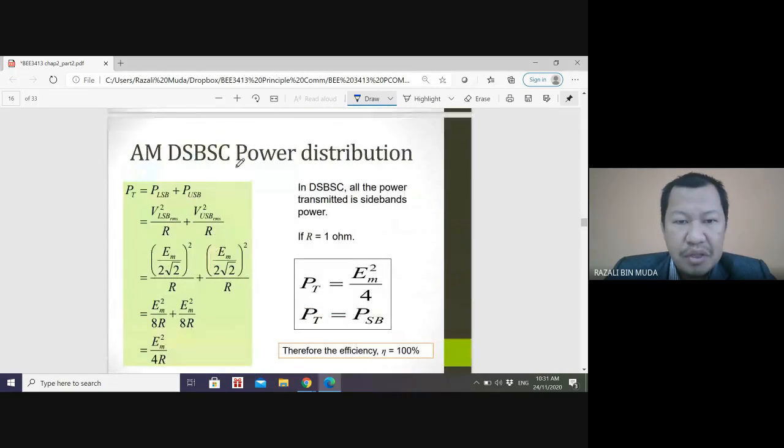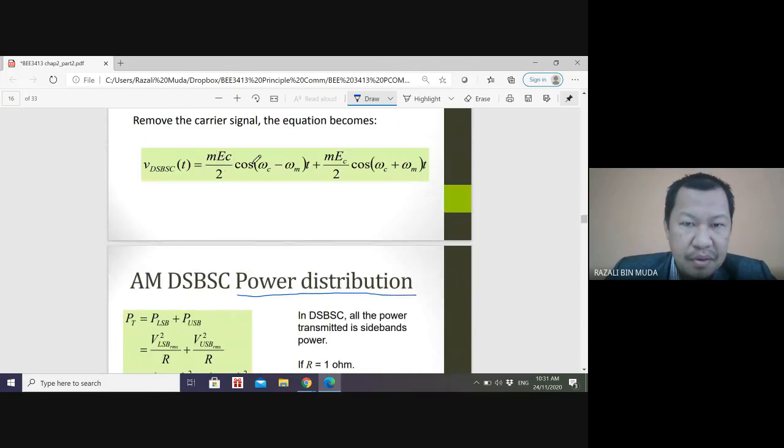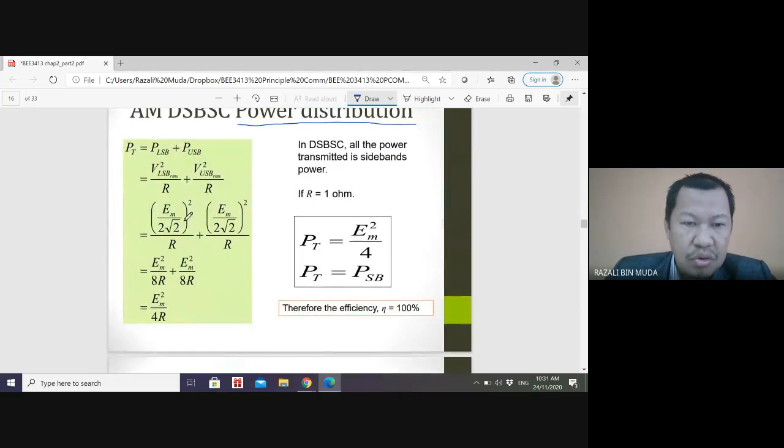So let's see the power distribution. P total equals P lower sideband plus P upper sideband. There is no carrier, the carrier is already removed. Solving this equation, what is this? Basically this is the RMS value: Em over 2, divided by root 2, is the RMS value.